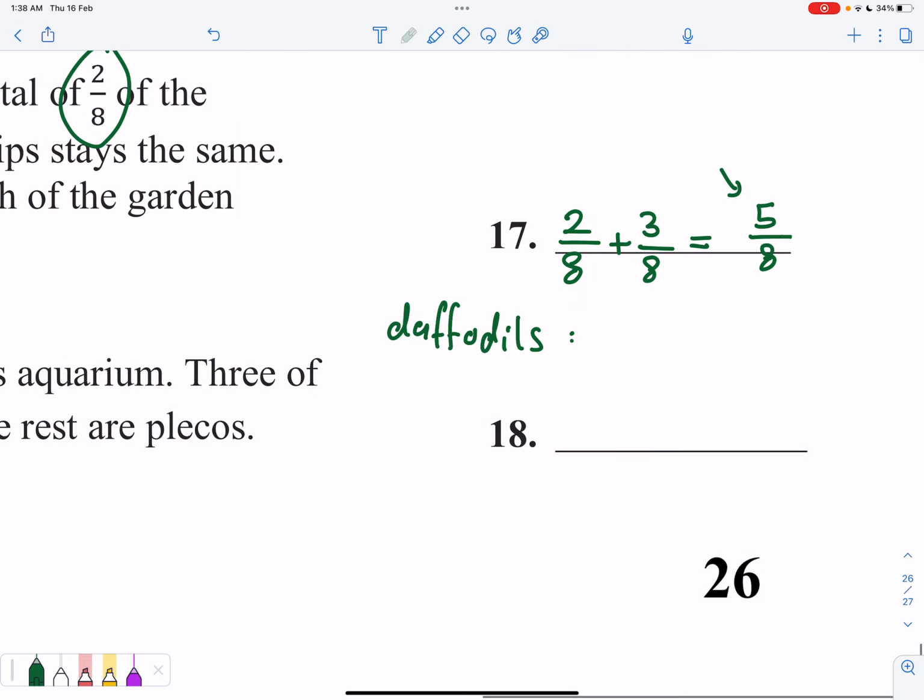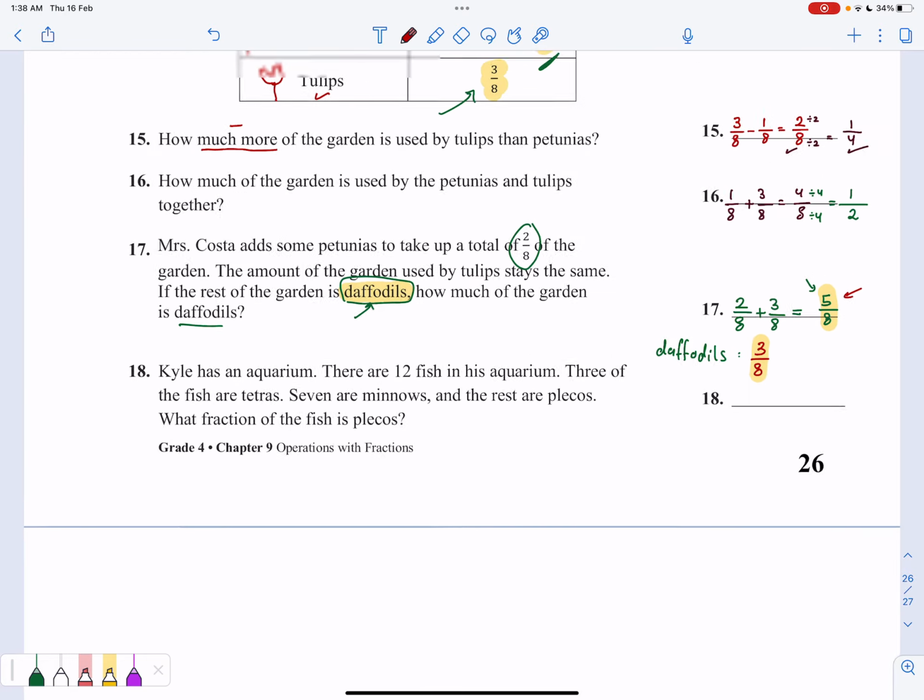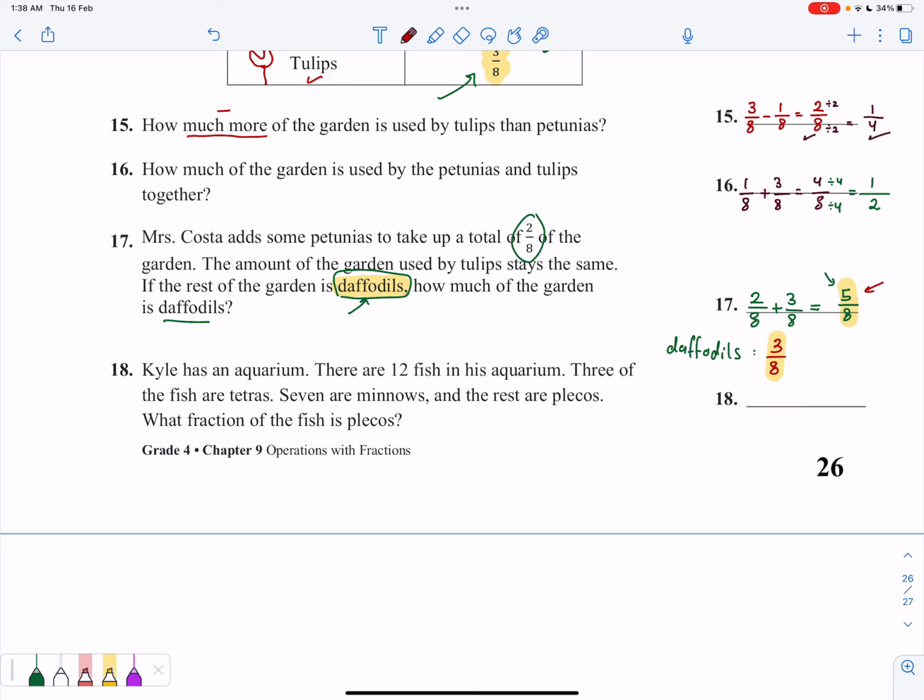Here we have 5 parts out of 8. So the rest, to make the total 8 out of 8, is going to be 3/8. Because when we add that to that, we get 8/8, which equals 1, which means it represents the full garden. So this is how much of the new kind he has.